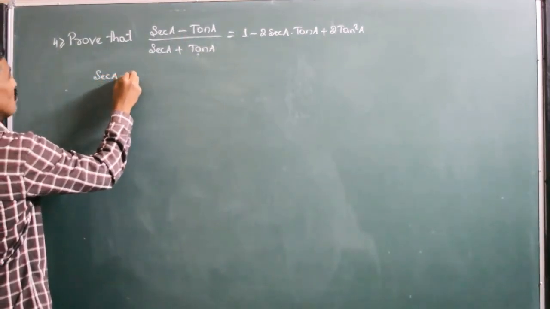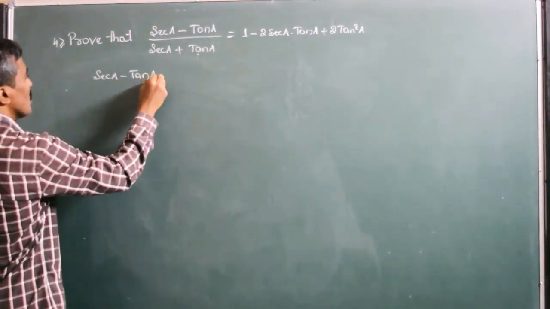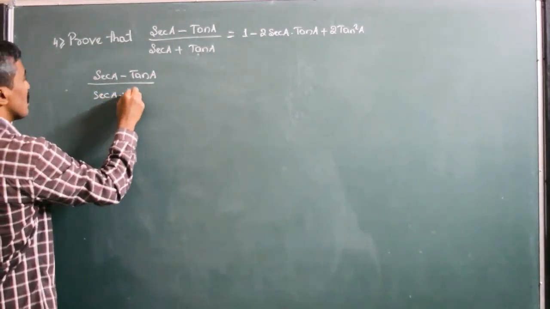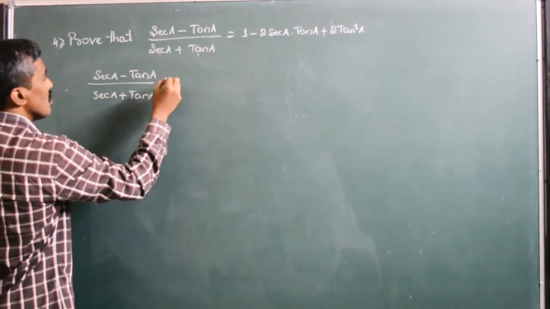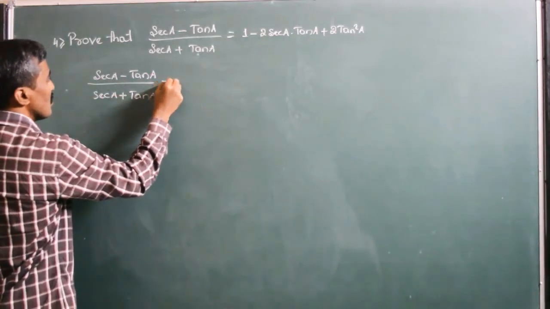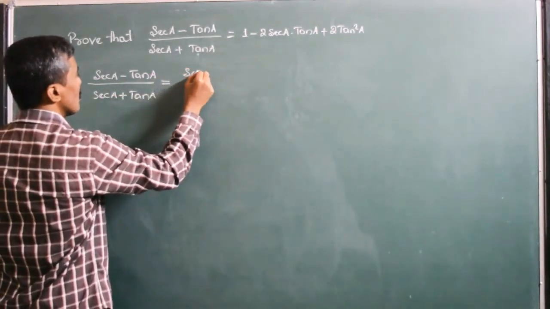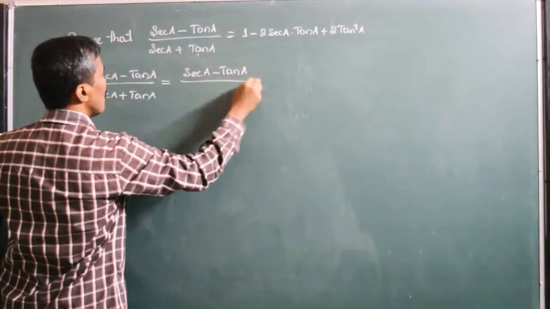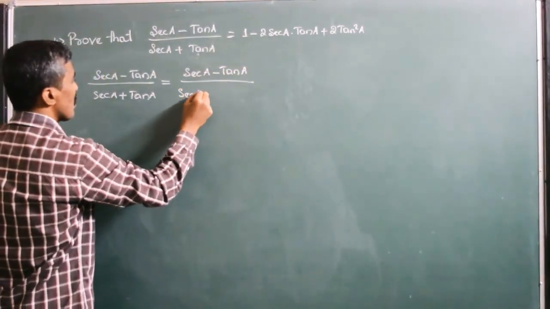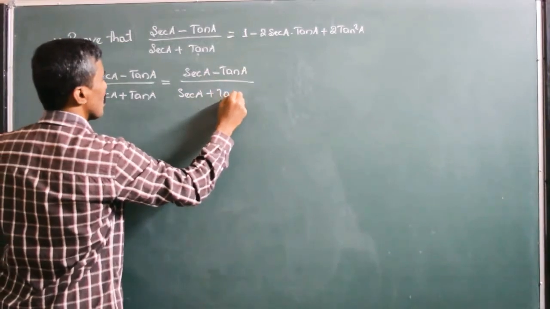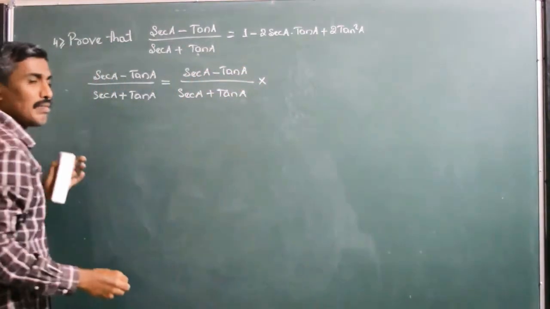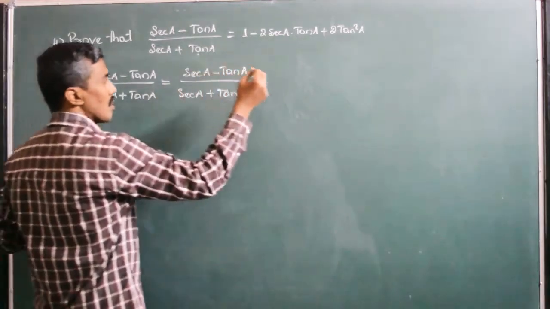Secant a minus tan a divided by secant a plus tan a is equal to, I will write the same once again, secant a minus tan a whole divided by secant a plus tan a. To get the whole square, we have to multiply by the same term, correct?